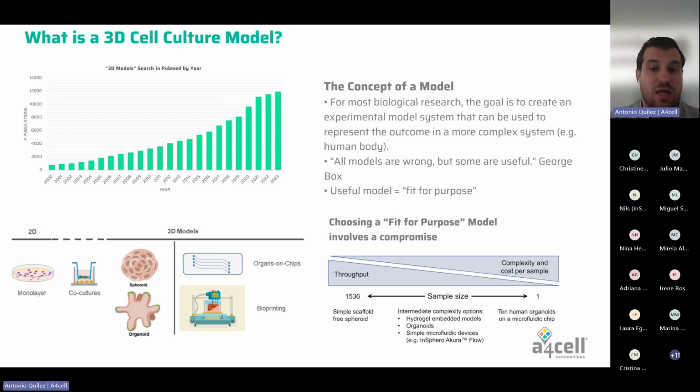That means that the level of complexity is increasing. But normally when we increase the level of complexity, at the same time, we are losing throughput. So if we want to move from high throughput screening approaches to complex systems, we need to find a balance, right? So let's try to find some kind of compromise where we can have a model that fits our purpose.